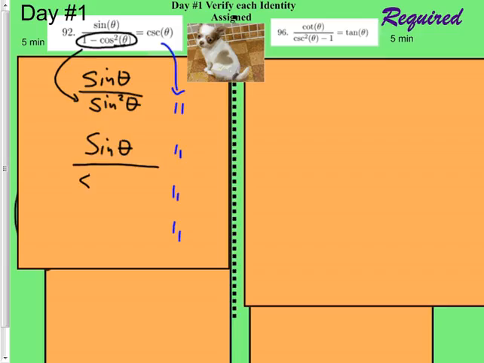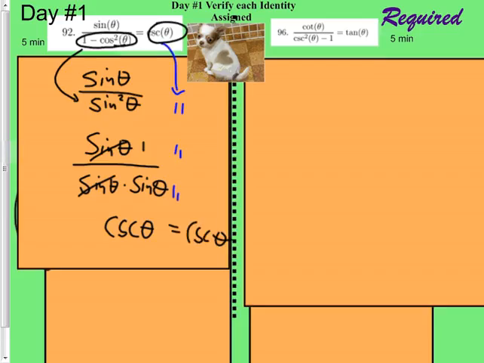And on the bottom, I'm getting sine times sine. And that's just begging me to cancel those off. So I will. Replace it with a 1. And 1 over sine squared is equal to what? Cosecant. And that's the moment. That's it. Equals, this whole time I was trying to make it cosecant. There we go.